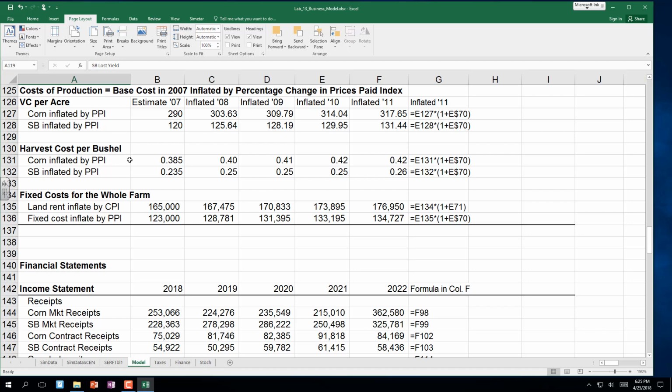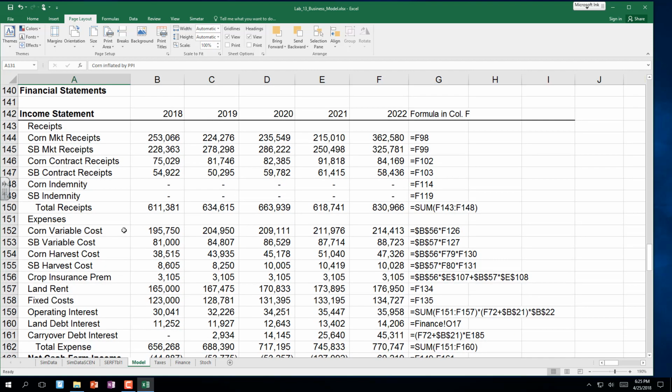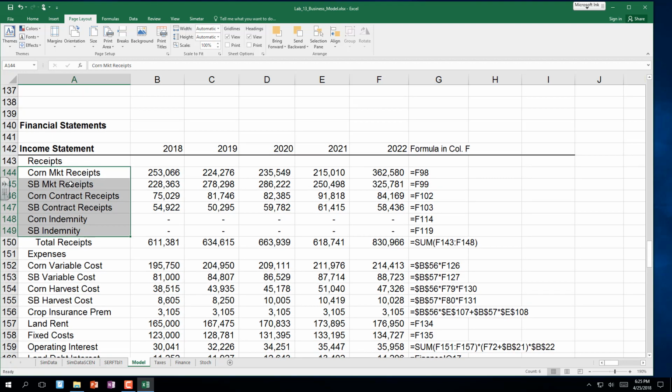Okay, so harvest costs. I hope that didn't get recorded. We've got all these costs. You know what you need in this section here. Put in every source of receipts you have by crop: contract receipts, cash market receipts, indemnities, PLC payments.